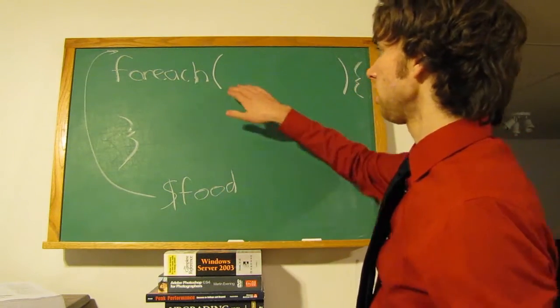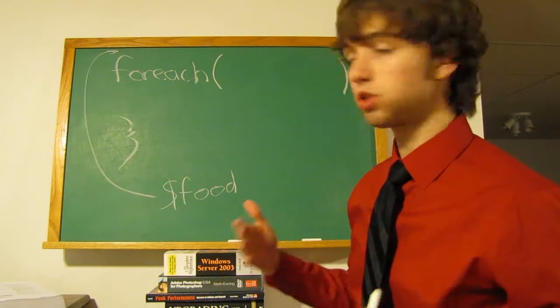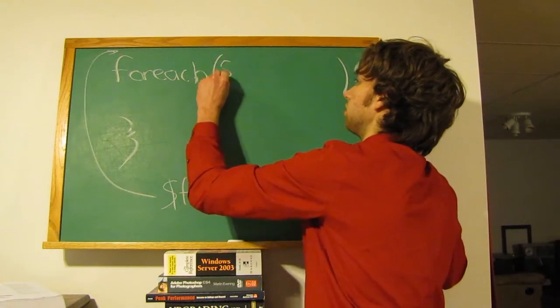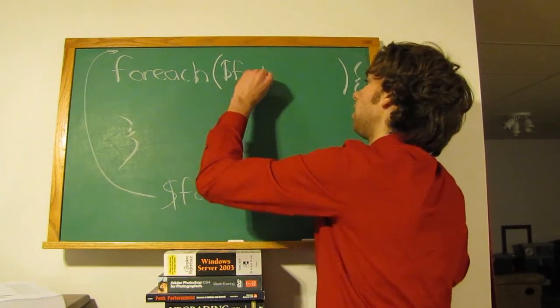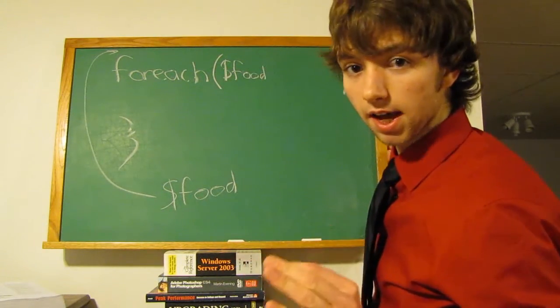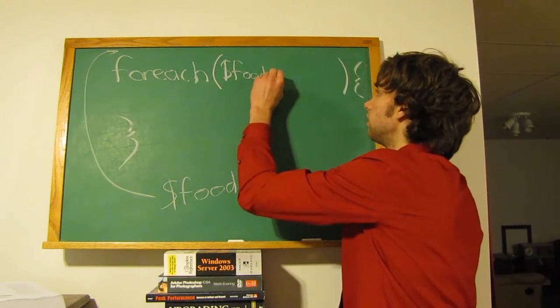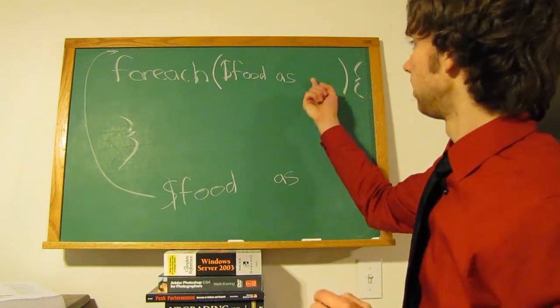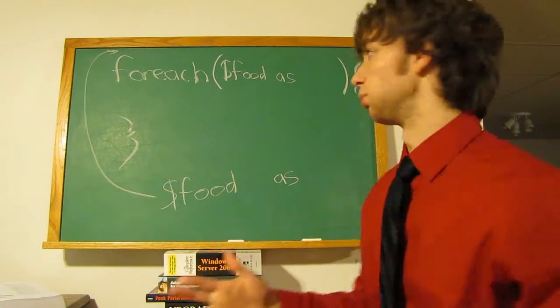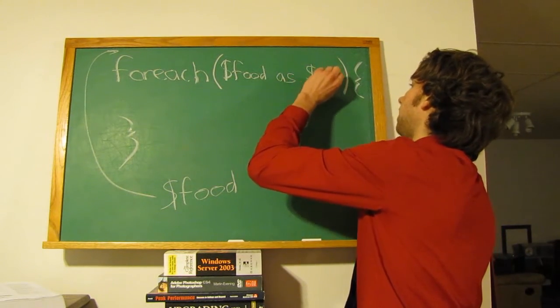Well, the first thing that we put in the foreach is the variable that we want to use. So we would write it like this. Food. And then we put the word as. So food as. And then we can just make up any variable we want, such as value.